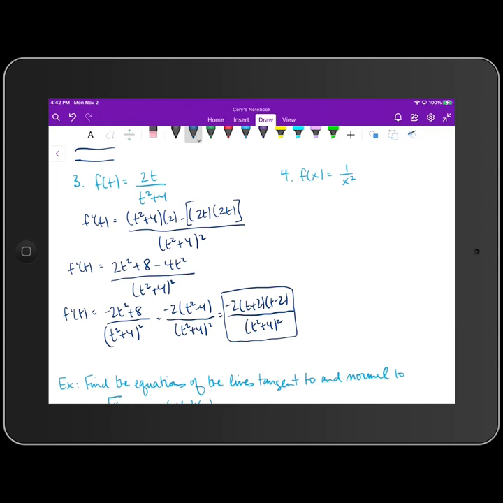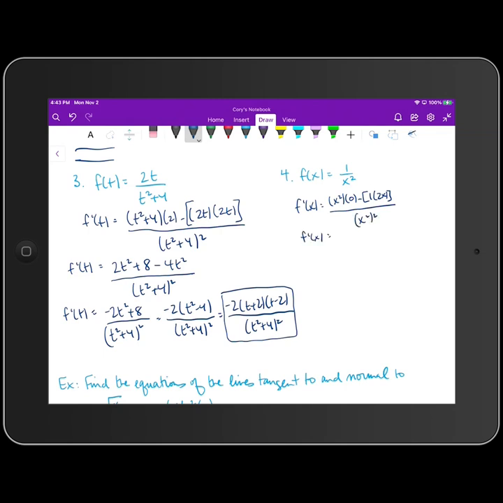All right, so with 4, I'm going to guess most of you working this through use quotient rule for this, and it's fine. It's not the way that I would do this, but quotient rule can work for you. So that's going to be low, d high, the derivative of the top function 1 is 0, minus high, d low, the derivative of the bottom function is 2x, all over low, which is x squared squared.